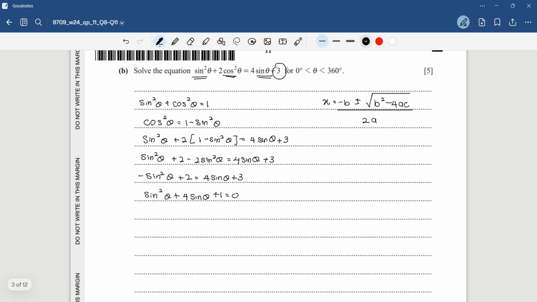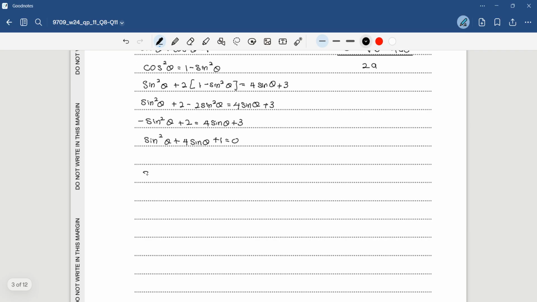So sine theta equals negative b plus or minus square root of b square minus 4ac over 2a.